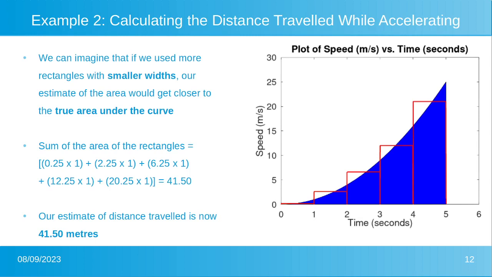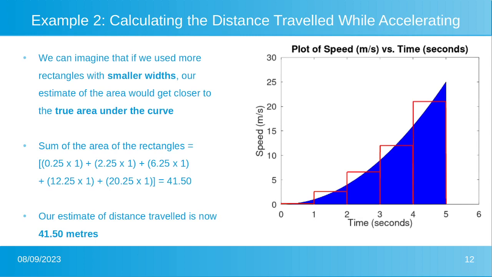But we could imagine that if we used more and more rectangles with smaller and smaller widths, the combined shape of the rectangles would more and more closely align and agree with the true shape of the curve, and then the combined area of the rectangles will get closer and closer to the true area under the curve.